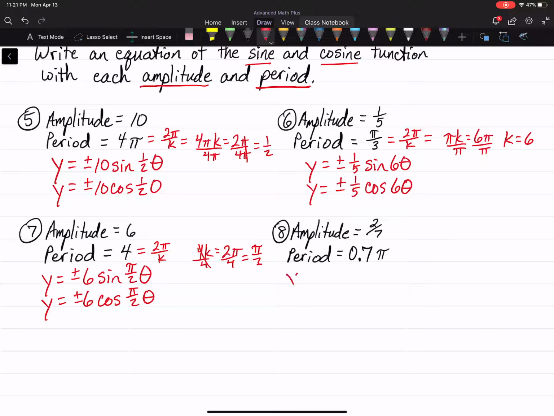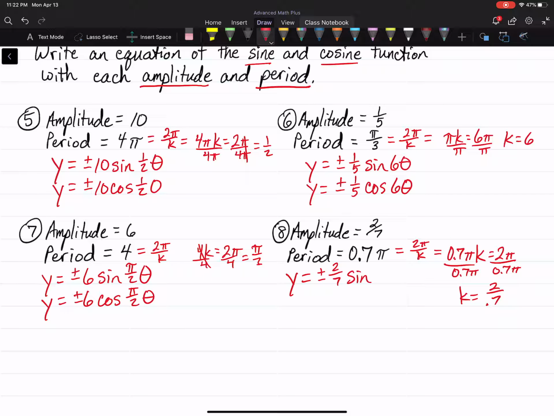Last one, y equals plus or minus. The amplitude is 2/7. Sine of, we got to figure out what k is. So set this equal to 2 pi over k. Cross multiply, that's 0.7 pi times k equals 2 pi. You divide by 0.7 pi. You get k equals 2 over 0.7.